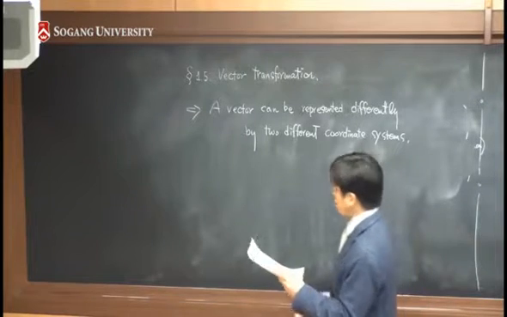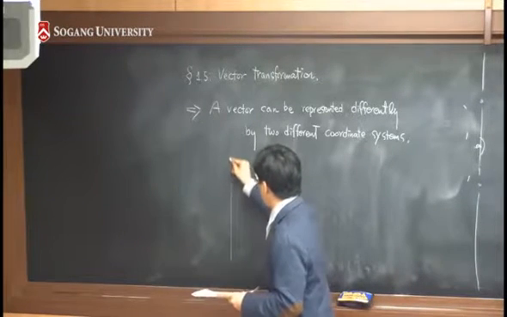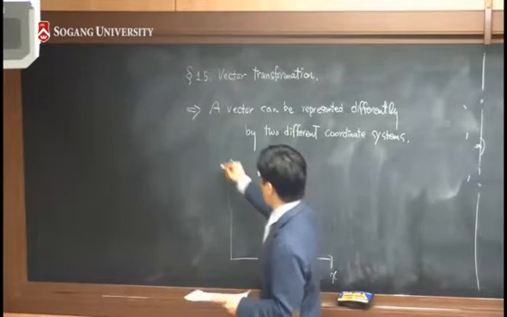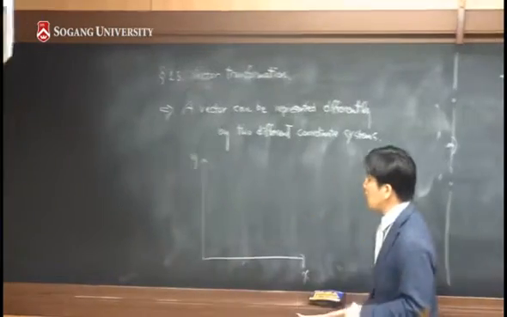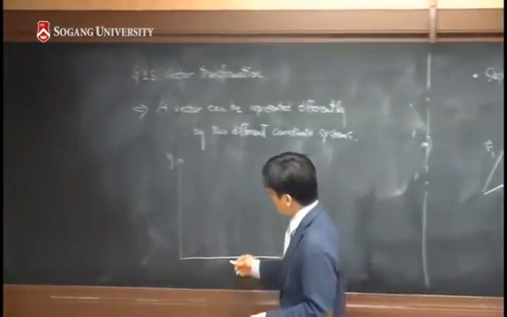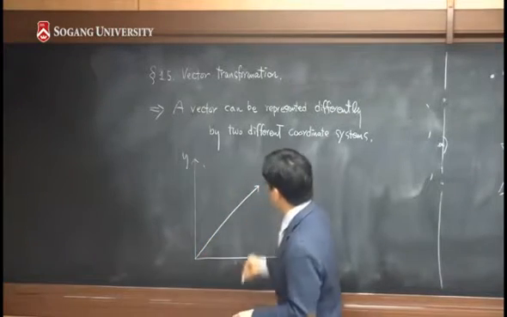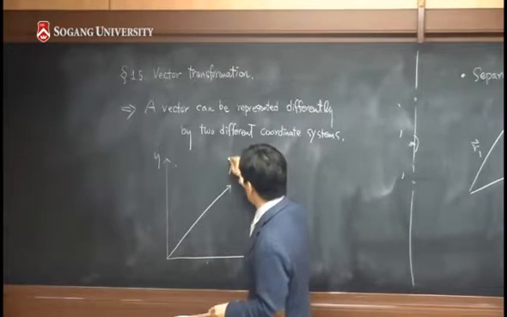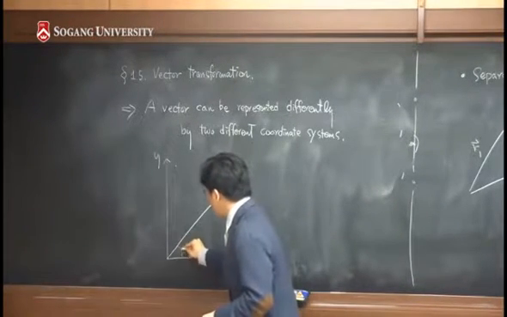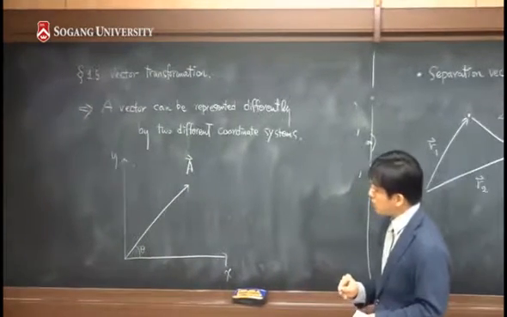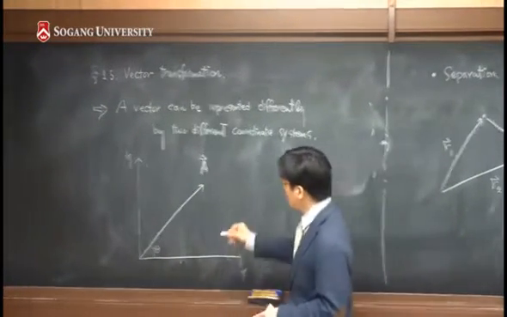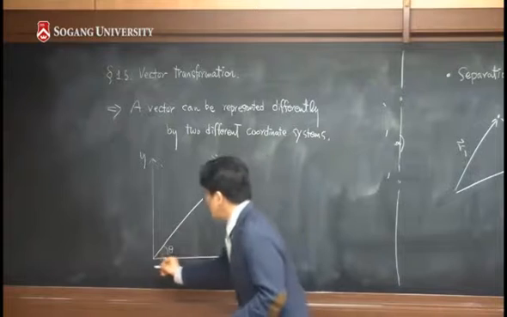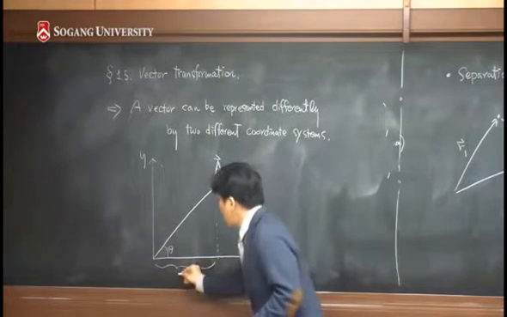Let's say there is one coordinate system here, with the x direction in this direction and the y direction in this direction. If you want to express a vector in a space like this, whose angle with the x-axis is theta, then the x component will be in this direction, so this length will be ax.